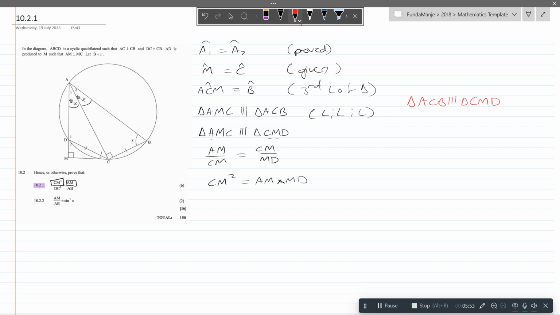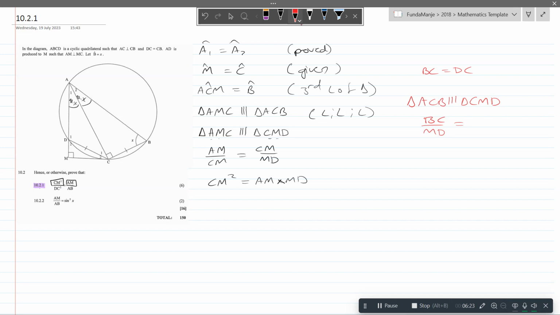In this one, since we're trying to create DC in this problem, we see that there is BC and DC, but we know BC and DC are equal. So BC is equal to DC. So I'll create BC on top here, and I'll have something like BC all over MD.